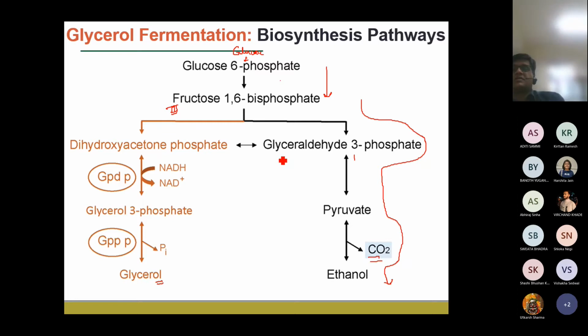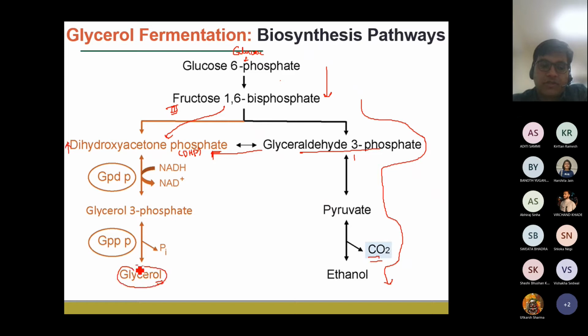The fructose 1,6-bisphosphate is converted into dihydroxyacetone phosphate, or if glyceraldehyde 3-phosphate is produced in the glycolysis pathway, it is converted into this DHAP. It is dihydroxyacetone phosphate. So from both sides, we make sure that we obtain a high concentration of dihydroxyacetone phosphate if we are targeting to produce, for example, glycerol.